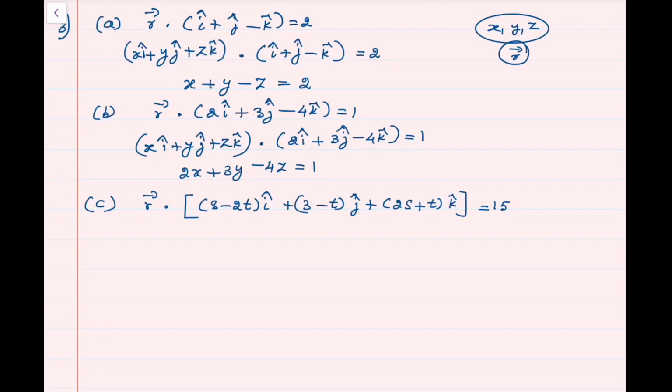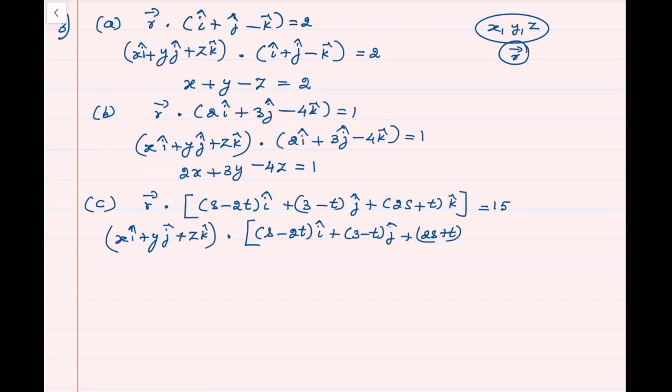Same method, we will substitute vector r as xi plus yj plus zk dot (s minus 2t) i cap plus (3 minus t) j cap plus (2s plus t) k cap equal to 15.